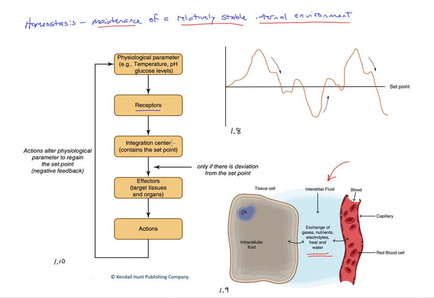And that integration center receives the receptor input, compares it to a set point, which is the point around which we are regulating that particular parameter, and determines whether or not we are on or off the set point. In other words, whether we're okay or whether we're not. And so here in figure 1.8, we have a factor, one of the physiological parameters, varying over time, going up and down around this set point.